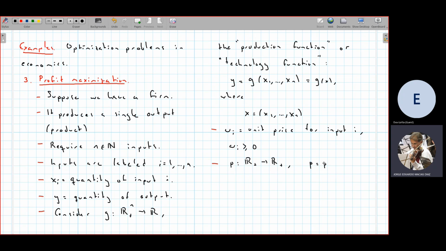P is going to be a function in terms of y, in other words, the quantity of the output. P is technically called the demand curve.